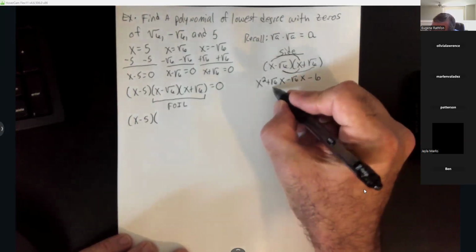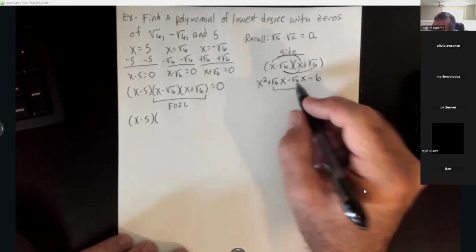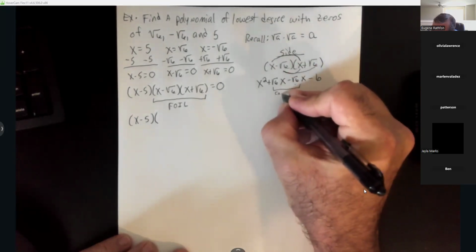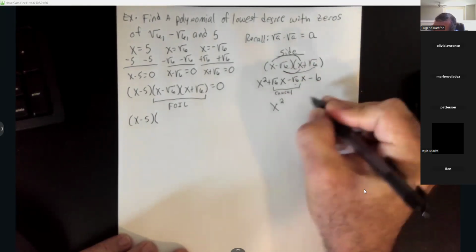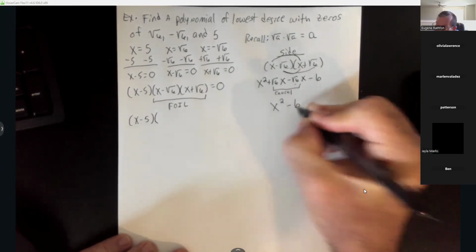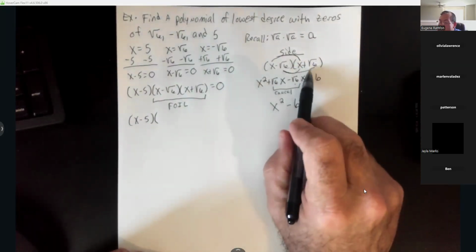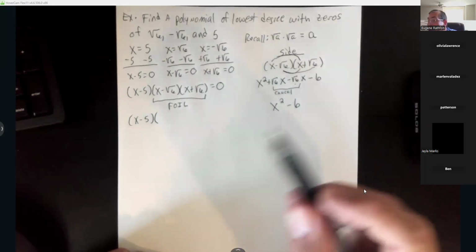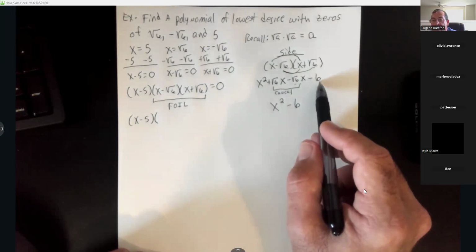Now notice here, plus square root of 6, negative square root of 6, those are going to cancel. So I end up with an x squared minus 6. Now you could have done square root of 6 times square root of 6 would be a square root of 36. But y'all, the square root of 36 is still 6.